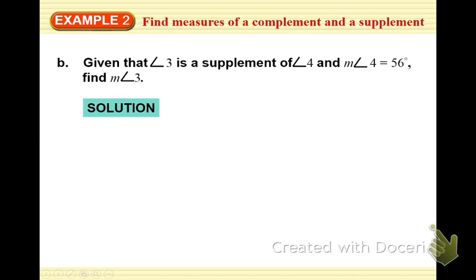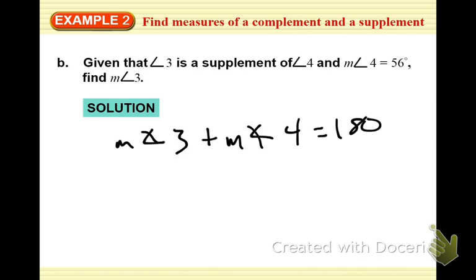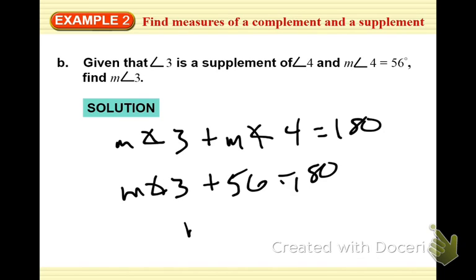Same thing with supplements. If we know that two angles are supplements, that tells us that those two angles add to what? 180. So same thing here. If angle 3 and angle 4 supplement each other, we know they have to add to 180. Okay, so since angle 4 here is 56 degrees, subtract 56.